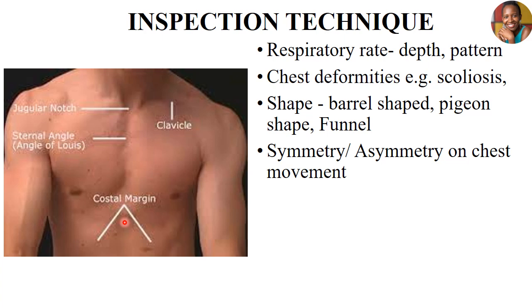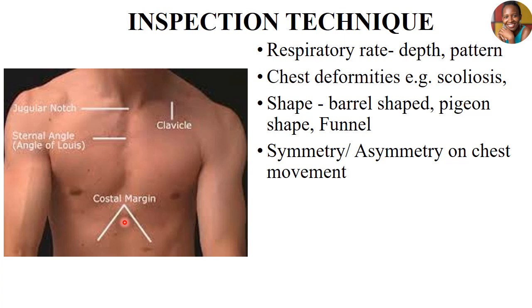Then you want to look and see the deformities. Is there any presentation that shows some other kind of deformities? Is there scoliosis? Is the patient presenting with kyphosis? All these are deformities that align with the vertebral column, but they have an effect on our respiratory functions.